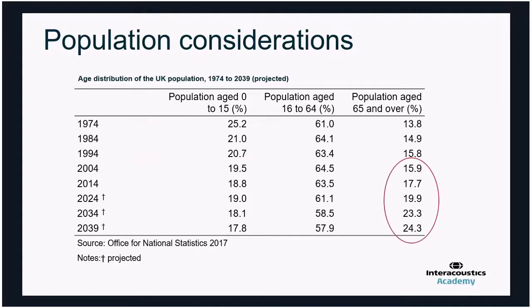But what we can see here, and this is from the Office for National Statistics in the UK, their 2017 study, is quite a significant increase between where our proportion of 65-year-olds has been and where they're actually heading in terms of the prediction for the population overall.